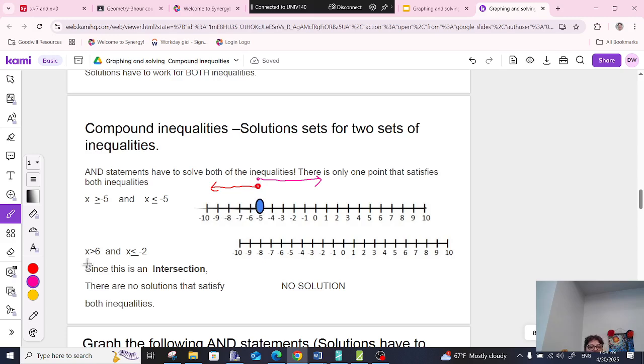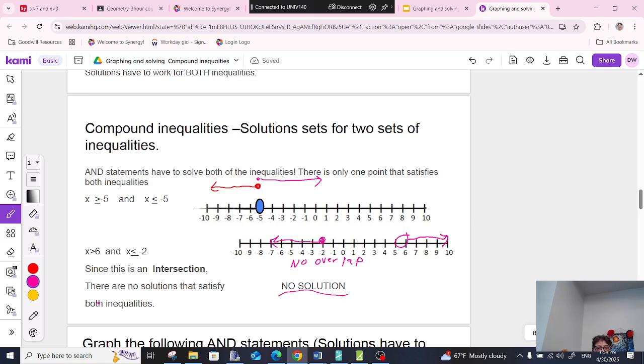Okay, but that's this one. Since this is an intersection, there's no solutions that satisfy both equations. So this one, if x is greater than 6, if I'm going this way, and then I'm at -2 and I'm going this way, is there any overlap? There's no overlap.